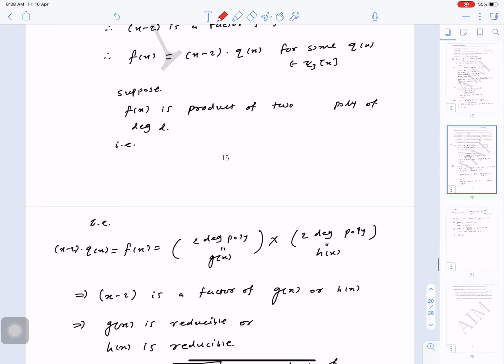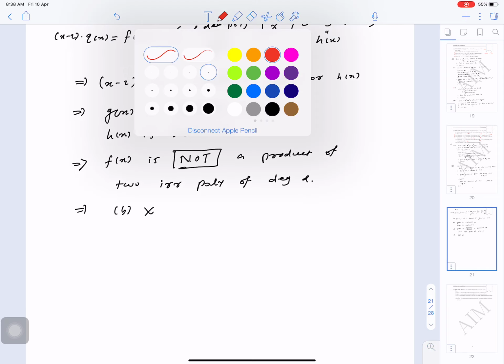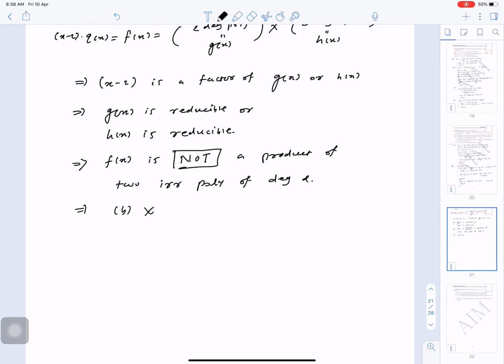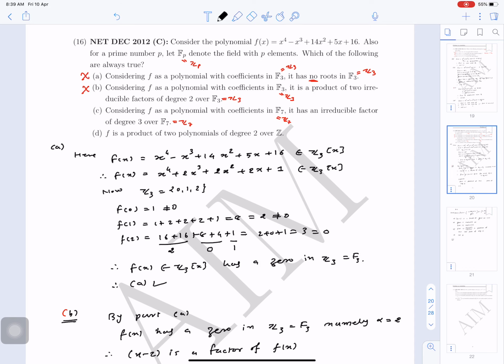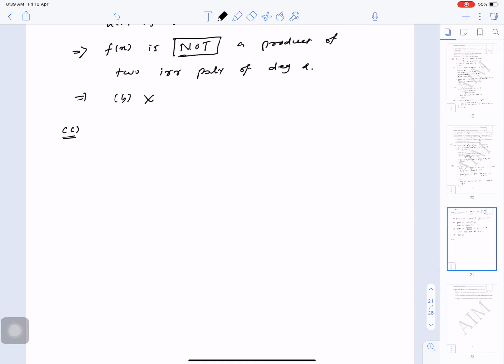Now option C. In option C, you consider the given polynomial in Z7. So here f(x) is equal to x raised to 4 minus x cube plus 14x square plus 5x plus 16. It is over Z7[x].